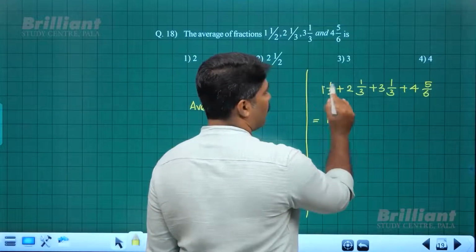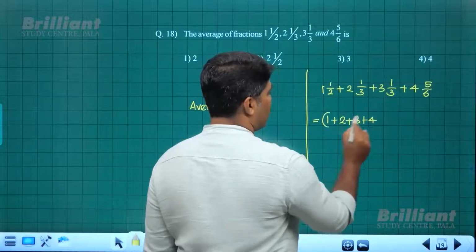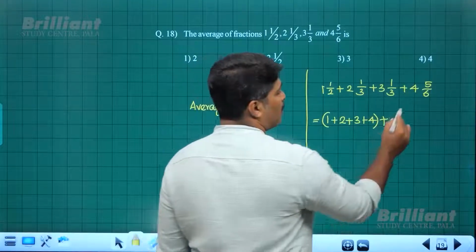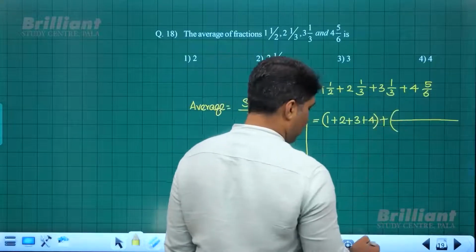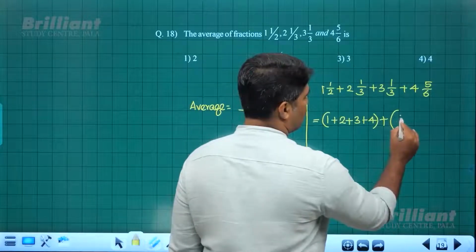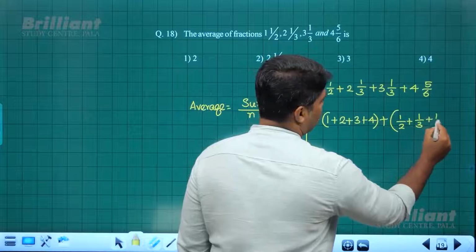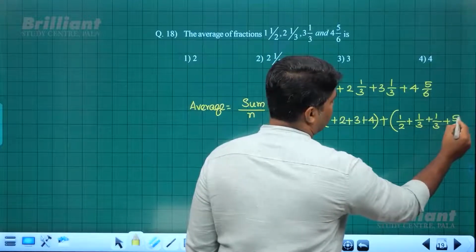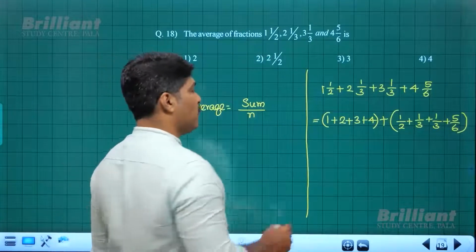This is 1, 2, 3, 4 integral portions together plus the fractional portions together. Or we can take it separately. So this is 1 by 2 plus 1 by 3 plus 1 by 3 plus 5 by 6. In the next step, I just rewrite it using the LCM approach.